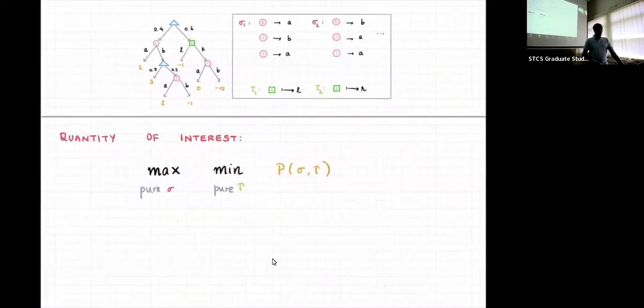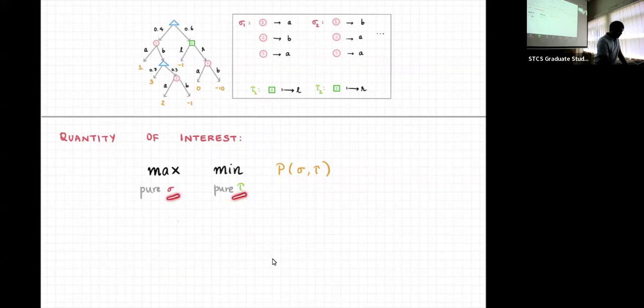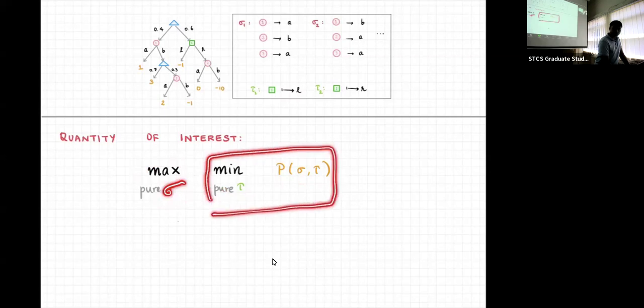So what is the quantity of interest? For this talk, we will be looking at max-min strategies. Once you fix sigma and tau, you know what P of sigma, tau is. You want to compute the max over sigma of the min over tau. As in, once the maximizer chooses sigma, the minimizer will give a best response.